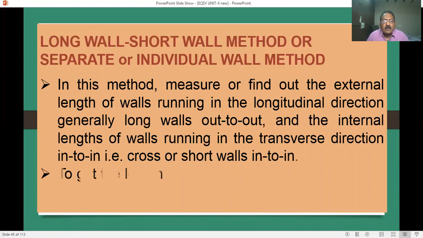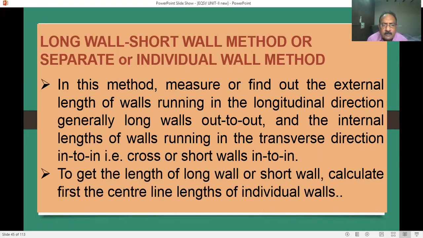What is the long wall, short wall method? It is also called the individual wall method. These are all not different. In some textbooks you will find different names: long wall, short wall method, or separate wall method, or individual wall method.